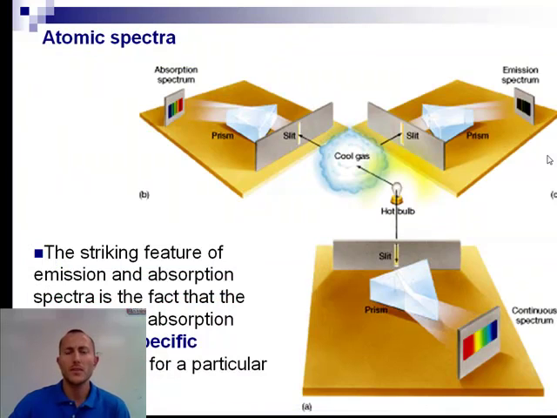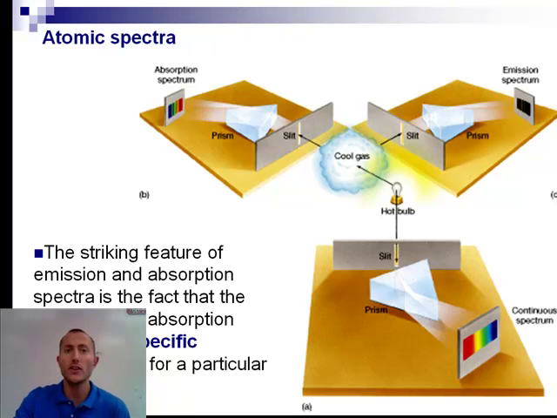Now, the thing that's most interesting about these spectra, both the emission and the absorption, is that those bands occur at very specific frequencies. It's not a gradual increase of brightness, it's not a range. For the most part, they're very distinct lines that occur at very distinct frequencies.